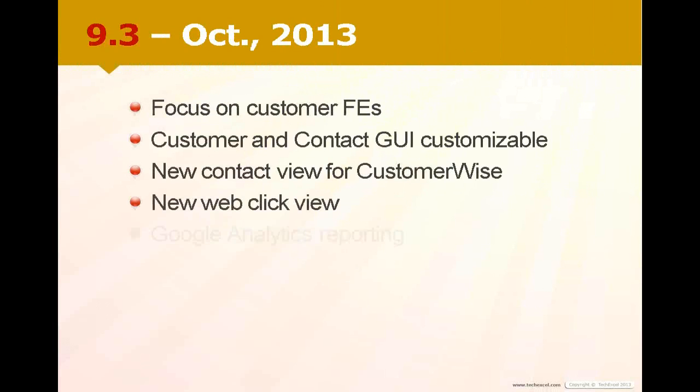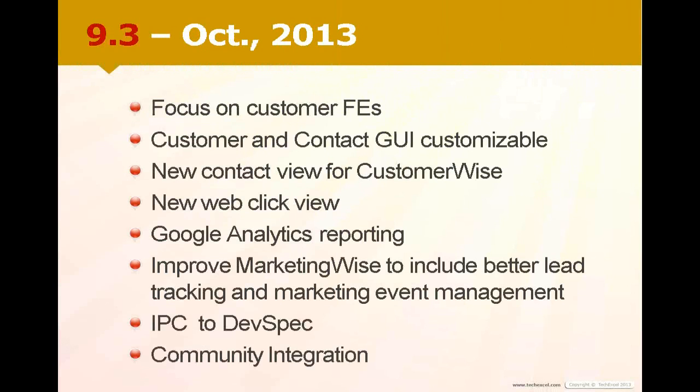So the next version will be 9.3 in October. This version will mainly focus on customer feature requests. We would like to add a lot of custom fields for your company info page and contact page, which are rather limited up to this point. We will also want to add a new contact view, which support the concept of a B2C within a B2B system.